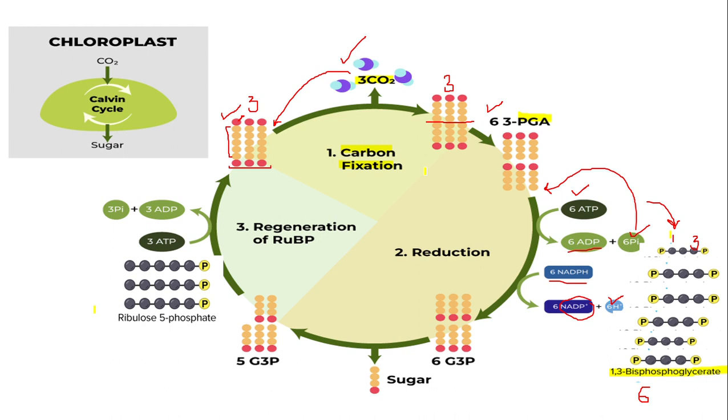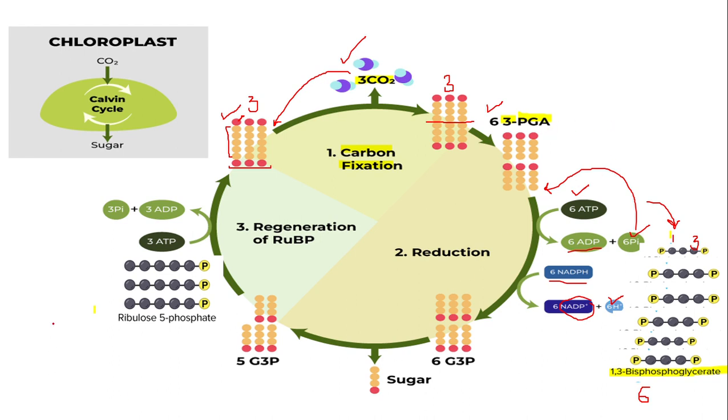Because this is an organic molecule, this carbon is now being fixed. So this step or this phase is called carbon fixation. And because the product of the initial carbon fixation is a 3-carbon compound, here you can see that this is the 3-carbon compound, 3-phosphoglyceric acid, this cycle is also known as the C3 pathway or C3 cycle.